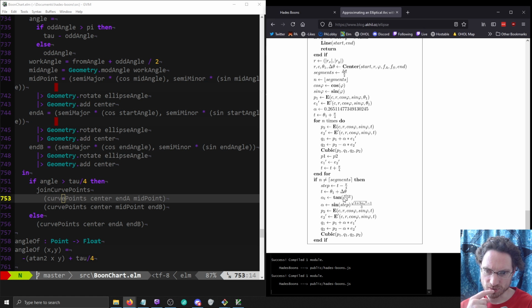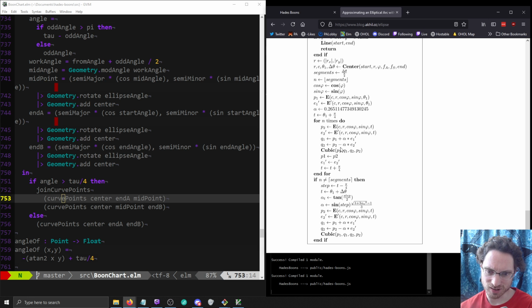Which he did the step with the constant. And then this part looks essentially the same.